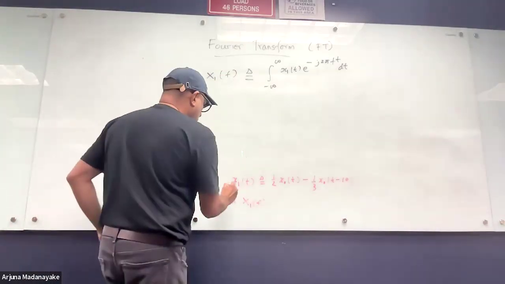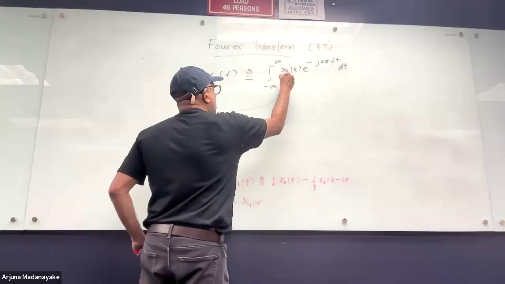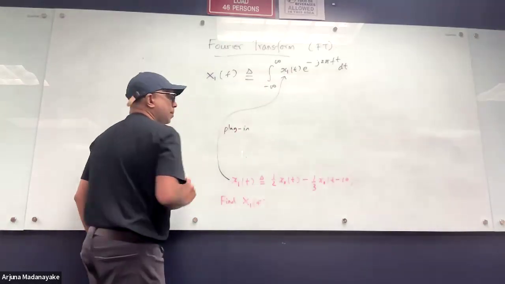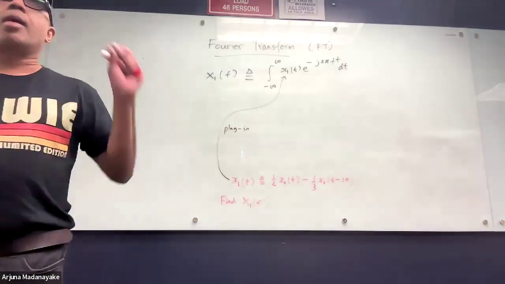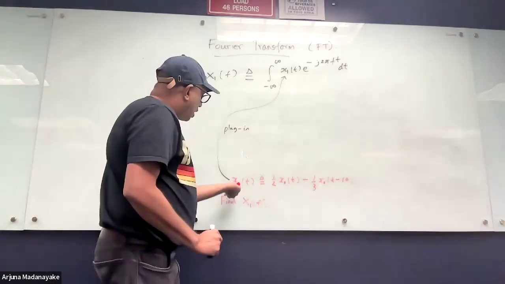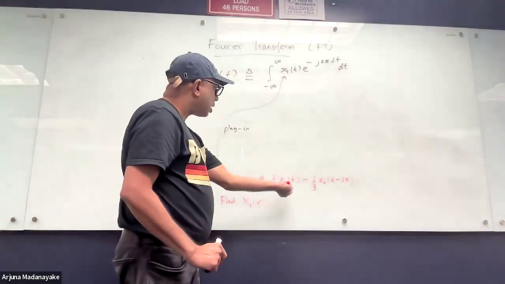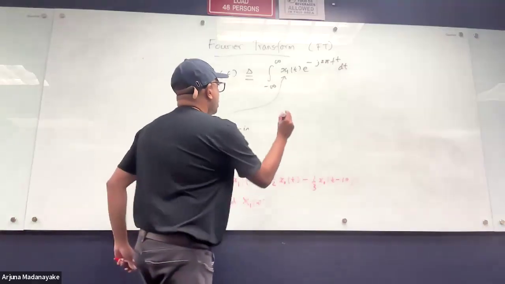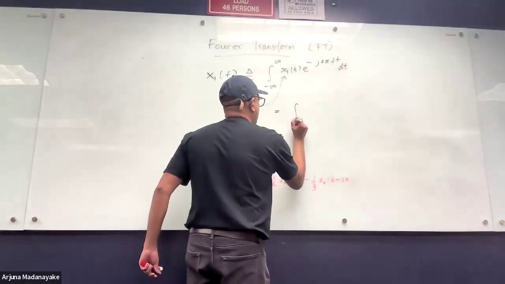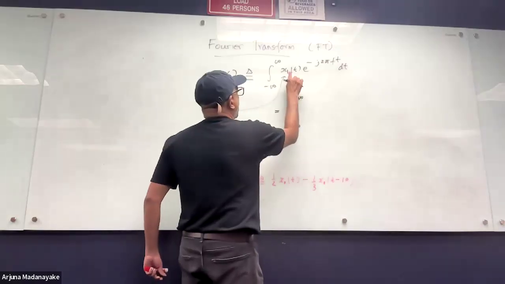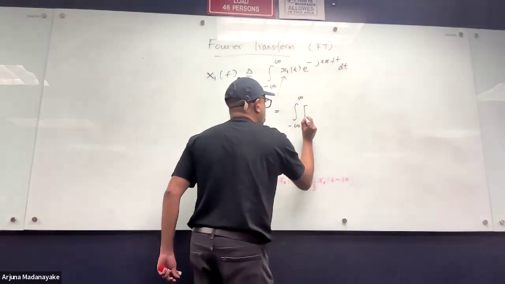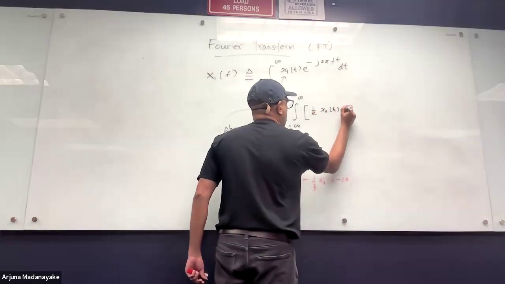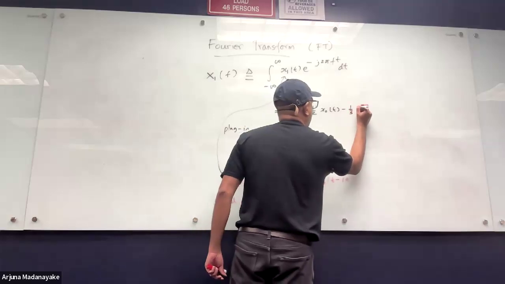Now I substitute my version of x1 of t, which is defined in terms of x0 of t, into the definition of the Fourier integral, which gets me a big equation. I'm going to plug in x1 of t here, which is equal to half x0 of t minus 1/3 x0.